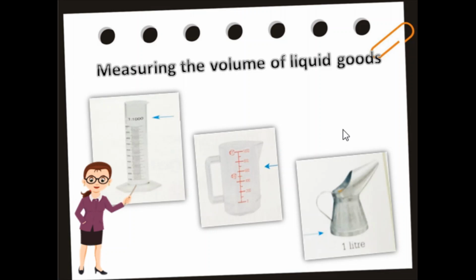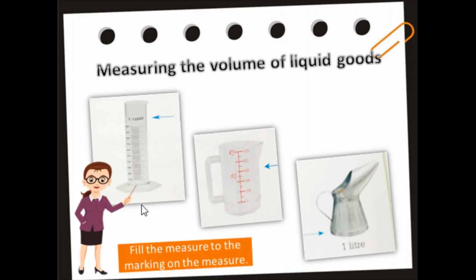And what you're just going to do is to fill the measure to the marking on the measure. You just pour the liquid that you want to measure according to how much you like it to have. For example, if you put water in this cylinder, if you like 500 ml, you just put it where 500 ml is.